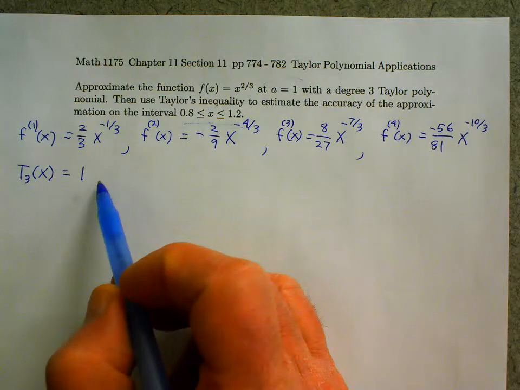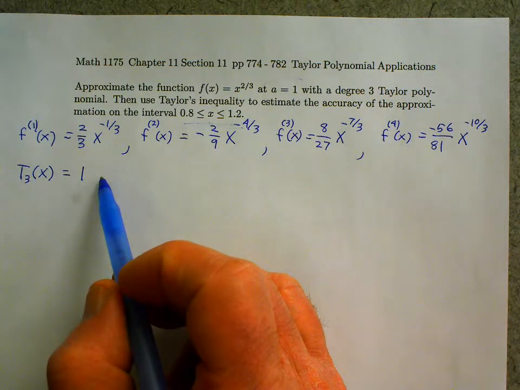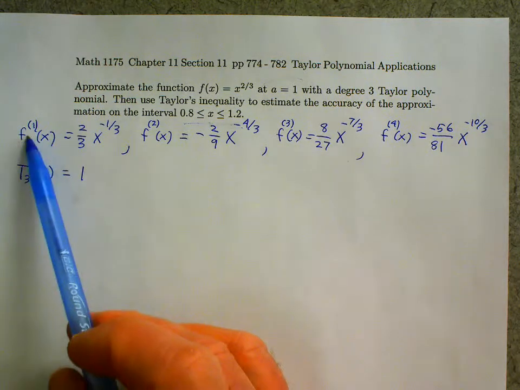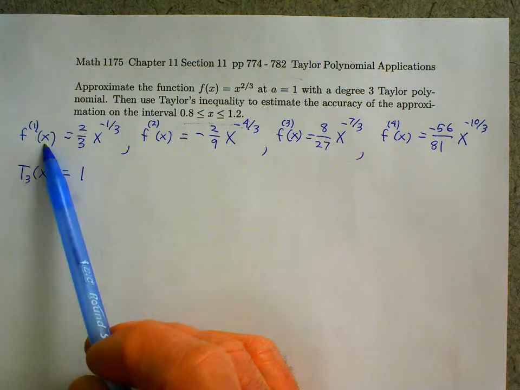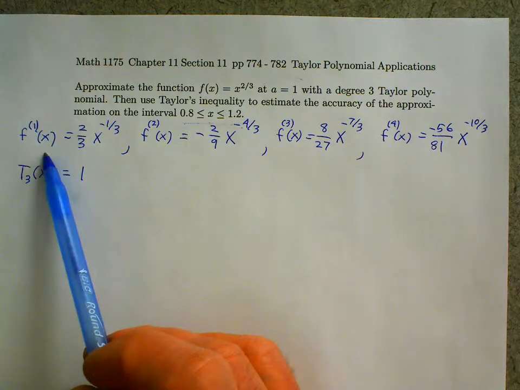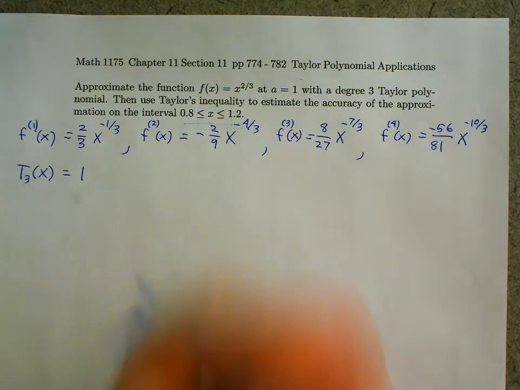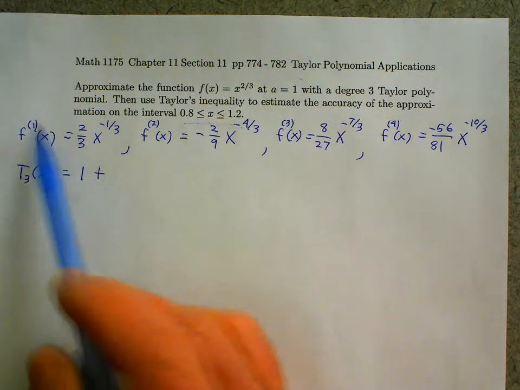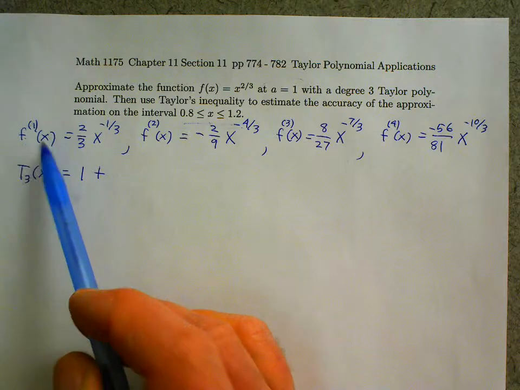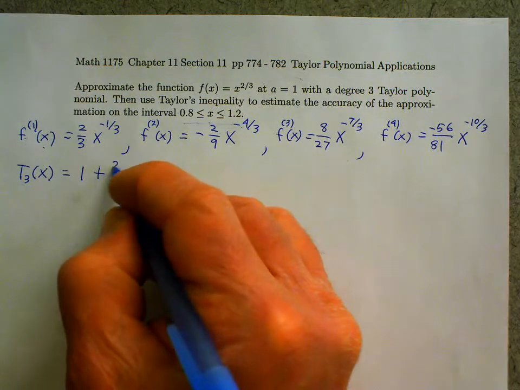And then the next term is the first derivative evaluated at 1 divided by 1 factorial times the binomial x minus 1. So the first derivative of f evaluated at 1 is just 2/3.